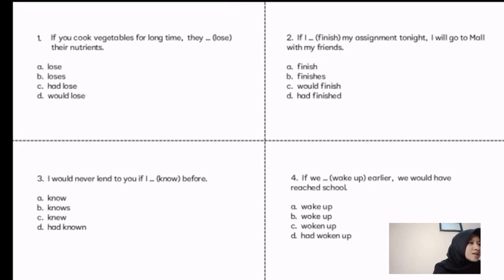Because the main clause used would plus have reached. So the subordinate clause must be with the past perfect. So the pattern of past perfect must be we had woken up. Yeah, so the answer is D.